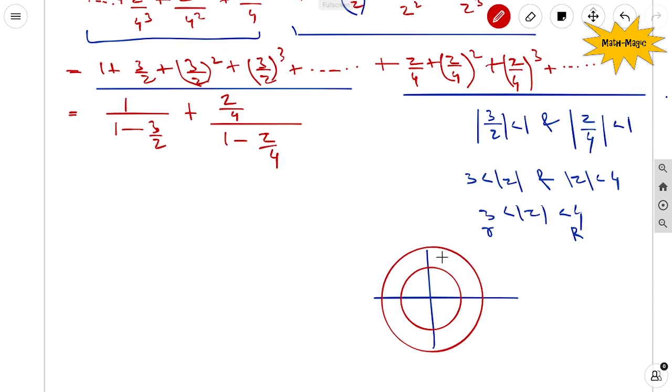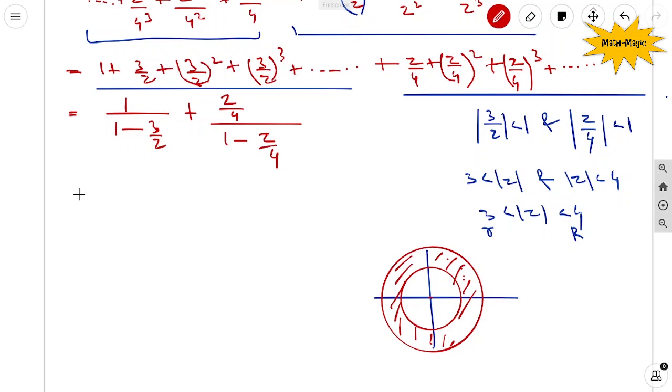Okay, so this is the region of convergence. It means if you take any point from this region, this infinite sum will be finite. If you take any point outside this region, this infinite sum will be infinite. Even if you take 0 here, you know that here it's 3 by z square, so this whole thing will become infinite and the addition will be infinite.